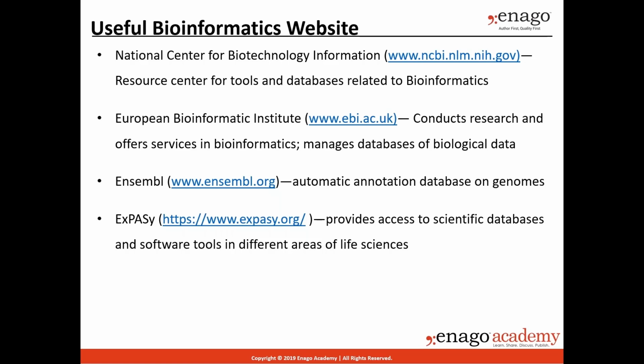And this website manages databases of big biological data. There's Ensembl, which we mentioned a little bit earlier, which will allow automatic annotation of databases. ExPASy, providing access to scientific databases and software tools in different areas of life sciences. I encourage you to click on all of these later and explore them.